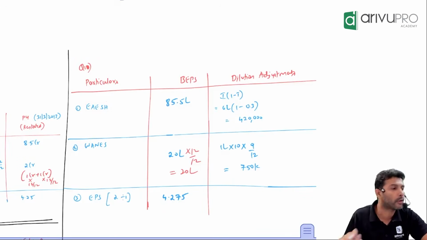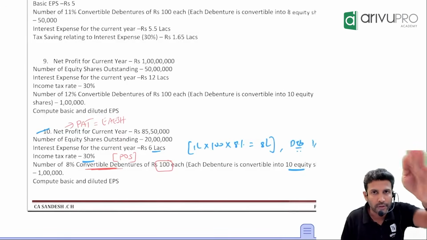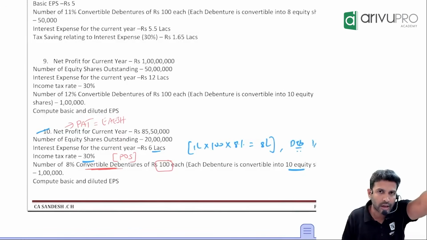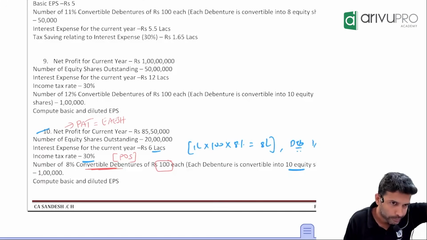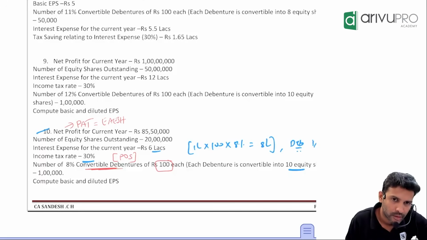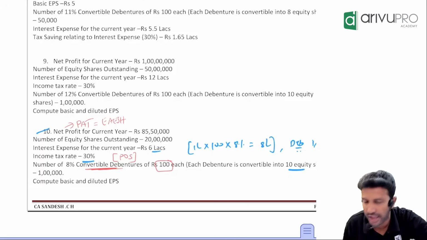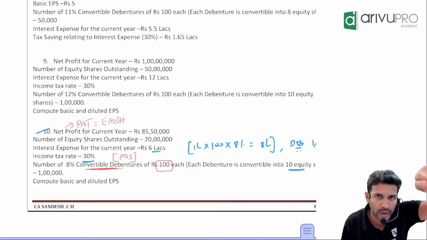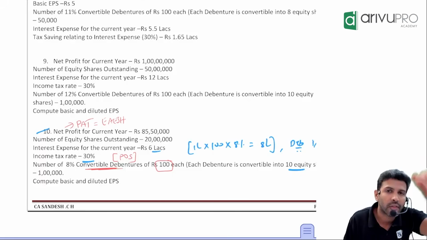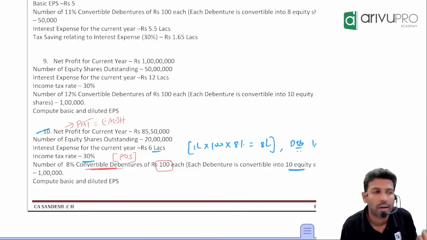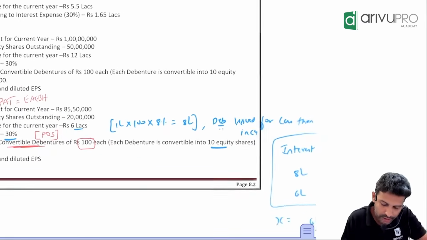First, let's do it for the denominator. Sir, listen to this. If you convert debentures into equity shares today, what will happen? Number of equity shares will be same or it will increase? It will increase. That only we are referring to as dilution adjustment. Here, check.